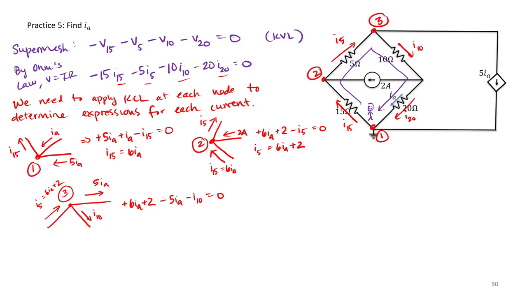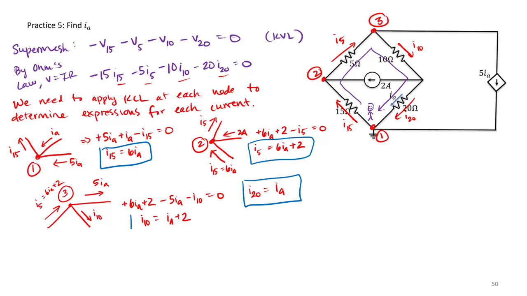If I solve for I10, I determine that the current through my 10 ohm resistor must be equal to I sub A plus 2. And finally, by looking at the 20 ohm resistor, I can conclude that I20 must be equal to I sub A. So notice what I can do here.